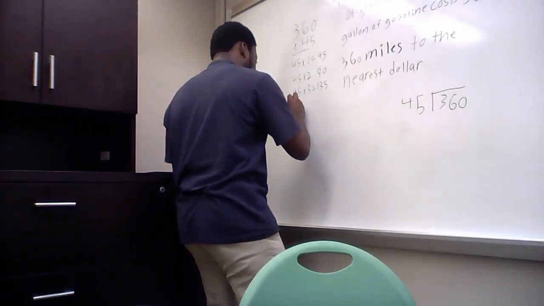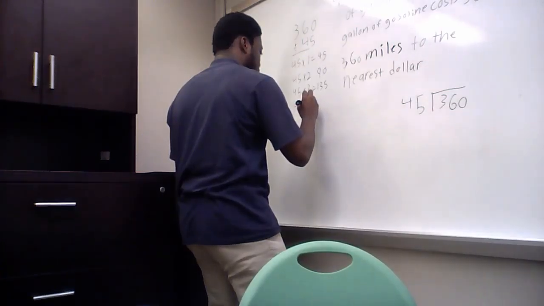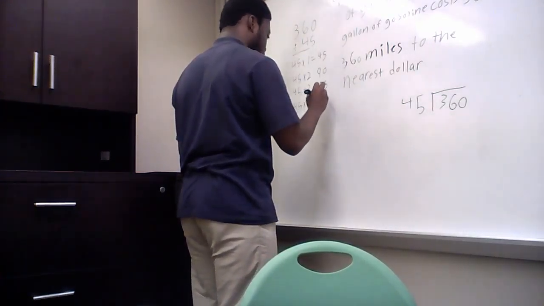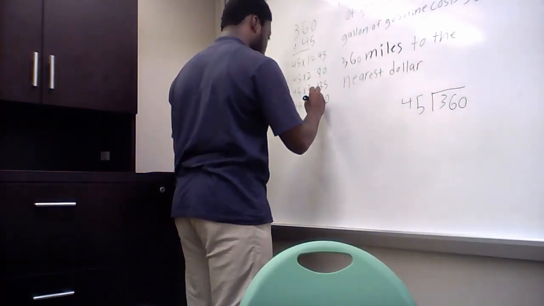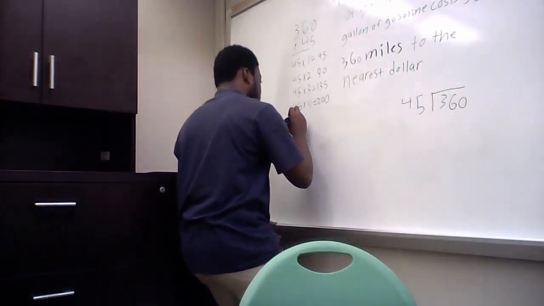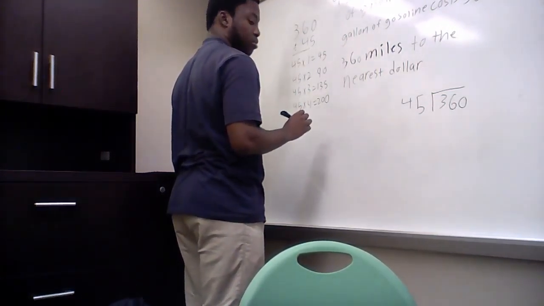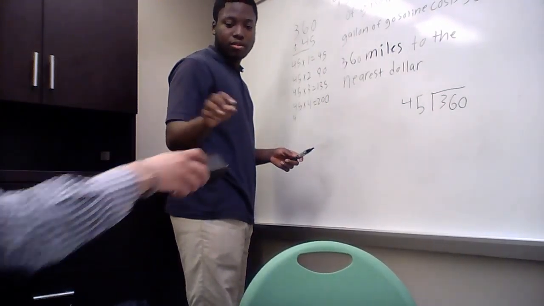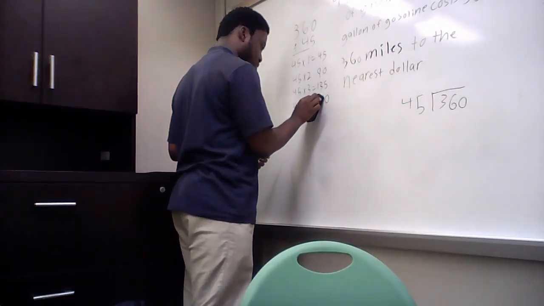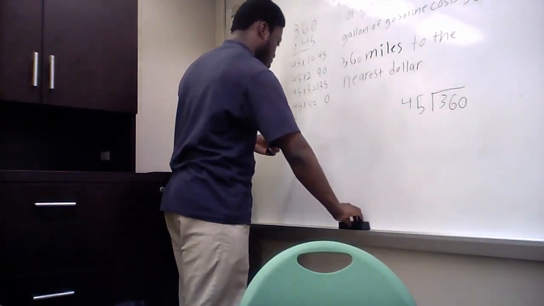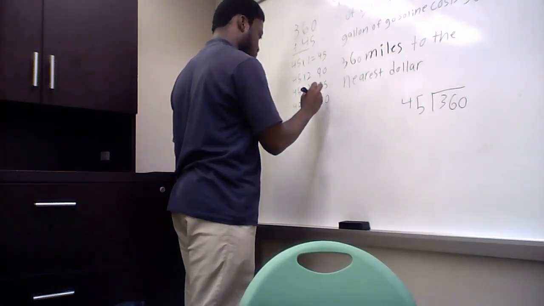Yep. No, 45 times 4 is 180. As soon as you get 180, you should think twice now, right? So you got 180. What is half of 360?